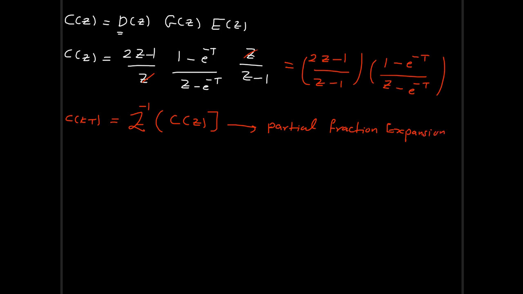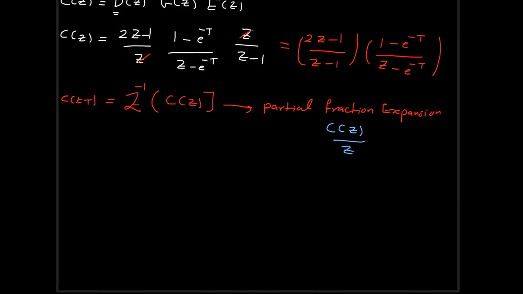But remember, we will not do the partial fraction expansion for C of Z, we'll do it for C of Z over Z, because all the Z transforms have a Z in the numerator, in order to match the factorized terms with the terms in the table.